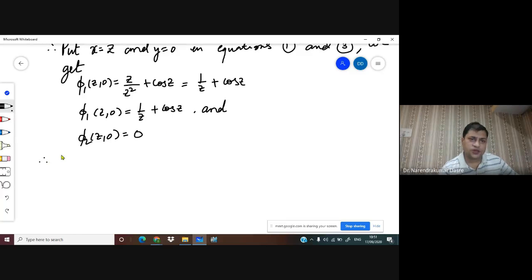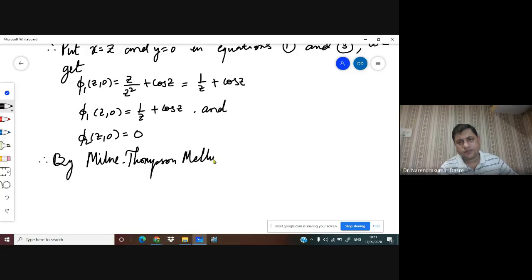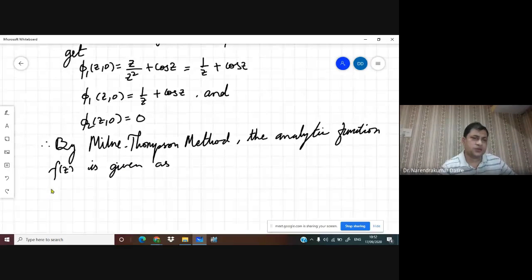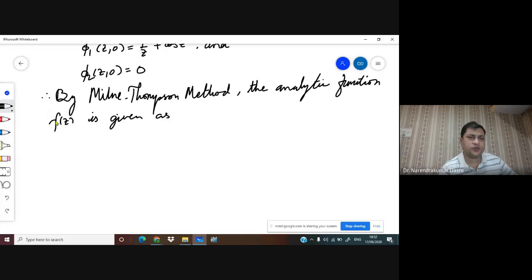Okay. So the fourth and final step of the Milne-Thompson method: the analytic function f of z is given as, and I suggest always write the formula.